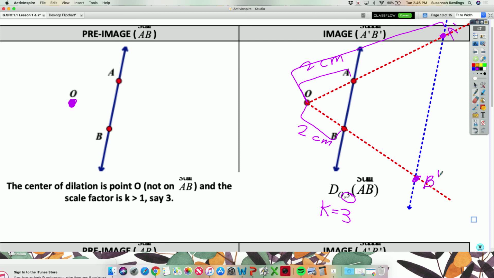So what do we notice, or what type of lines did we create here? Parallel. That's why you wanted to try to be as accurate as you could, because if you didn't, it was going to end up not parallel. But we should have ended up with parallel lines.